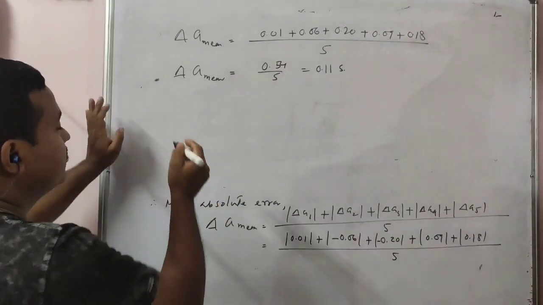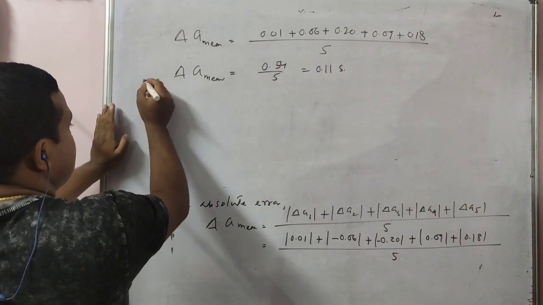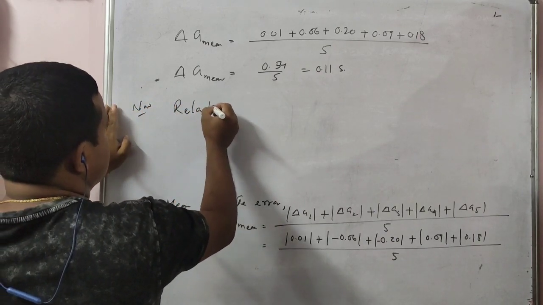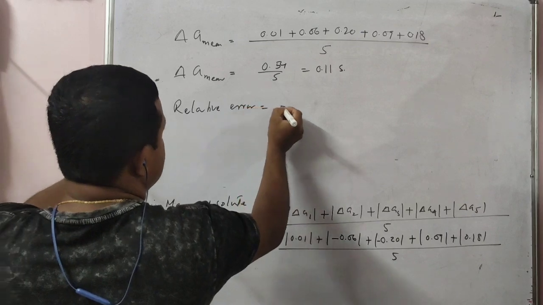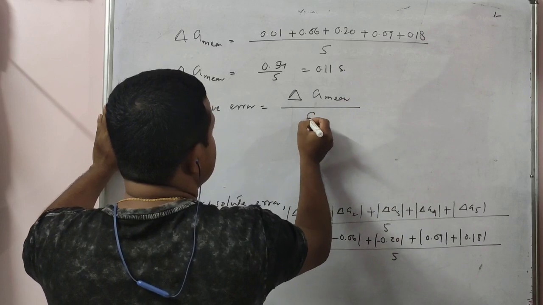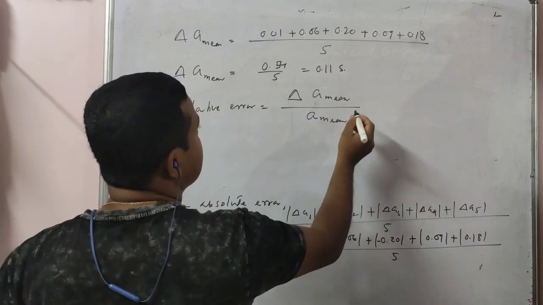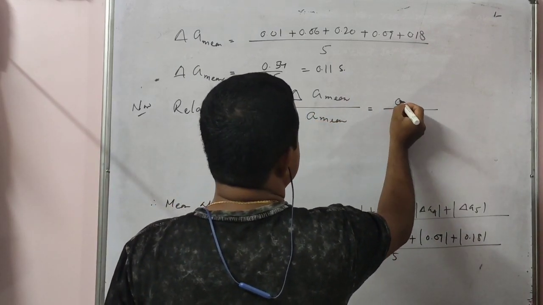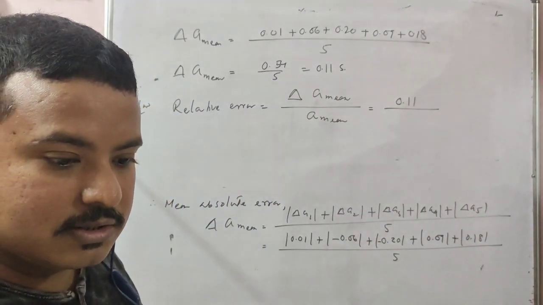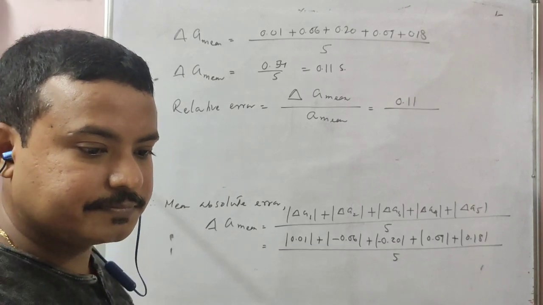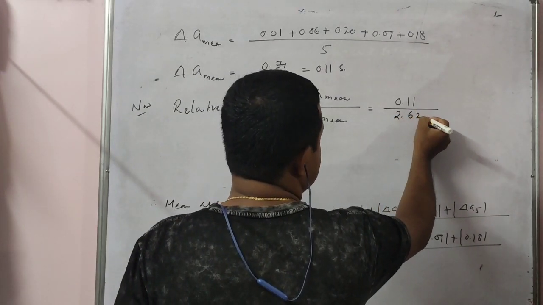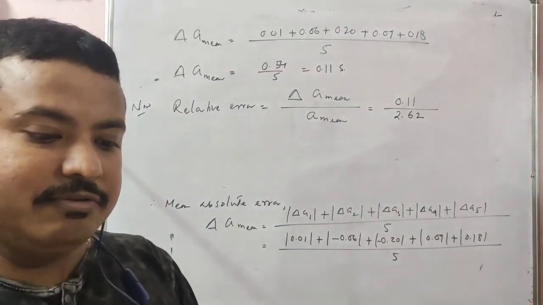Now you have to find out relative error. This is mean absolute error. Now relative error. So what is the form of relative error? It is the mean absolute error divided by mean value. So here mean absolute error is how much? 0.11, and the mean value is 2.62. So here you have to divide.